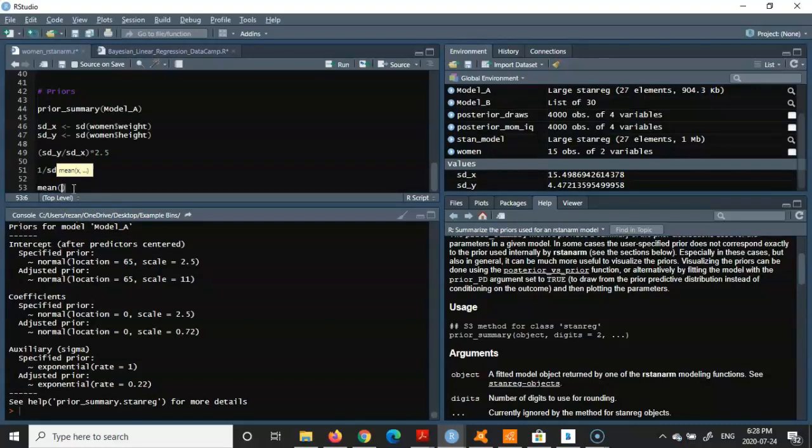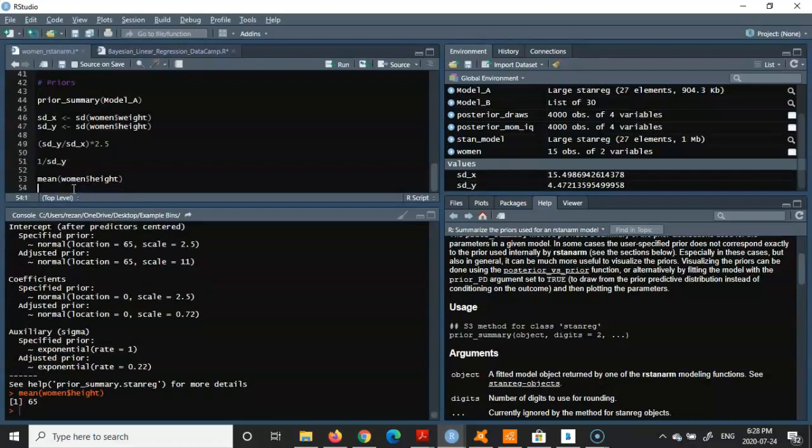We say that the mean of the women's height, which is our response value, gives the result of 65. And that's what we have taken here. Our intercept's specified prior is a normal distribution, localized at the mean of our response value, and the scale, which is the dispersion away from that, is always fixed as 2.5.